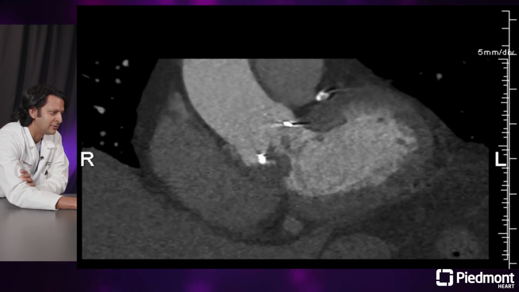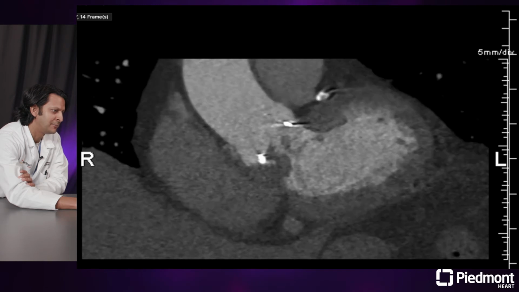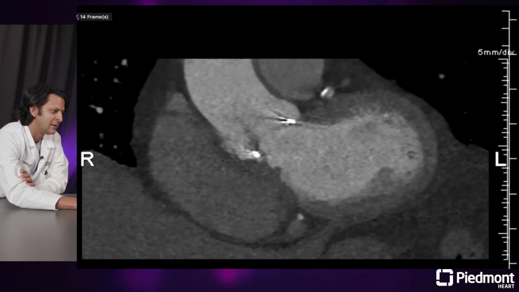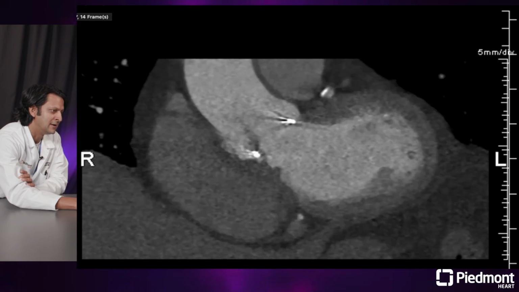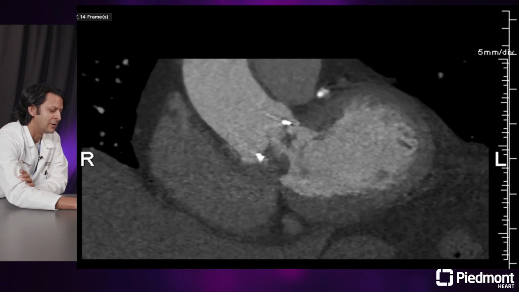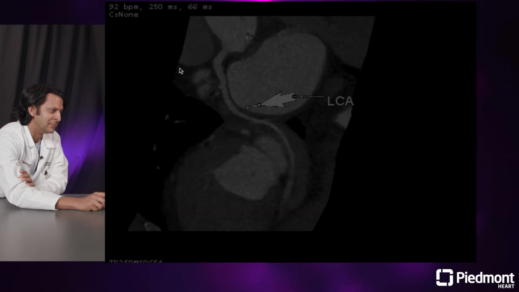On this particular case, there are no other complications such as pseudoaneurysm or abscess formation, but it helped pretty significantly for surgical planning as well, as we were able to assess the coronary arteries at the same time with this particular patient to avoid an invasive angiogram prior to their surgery.